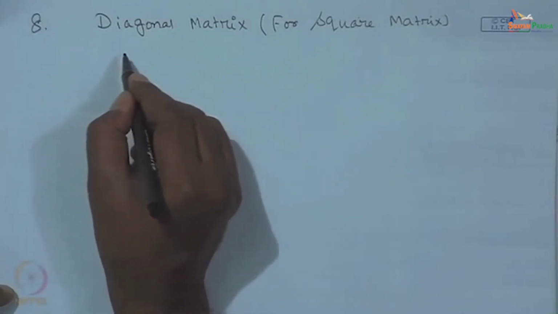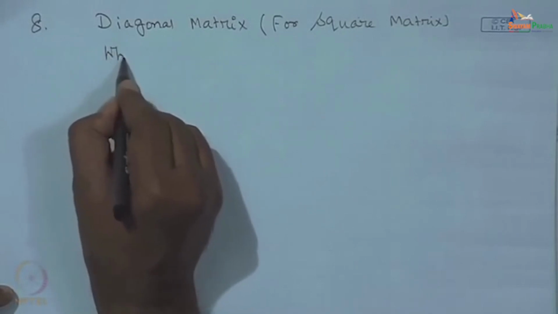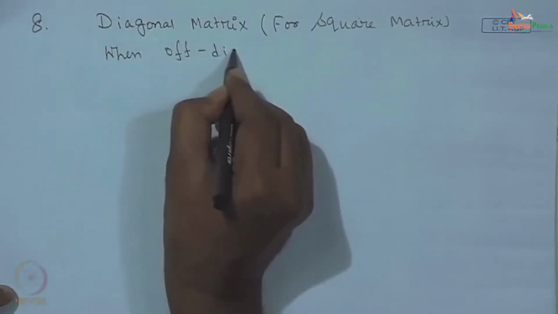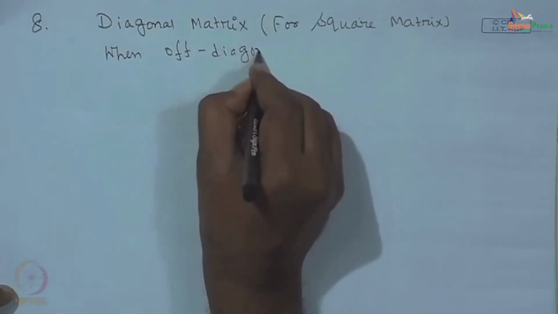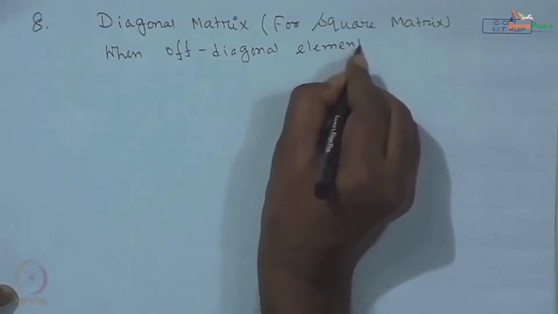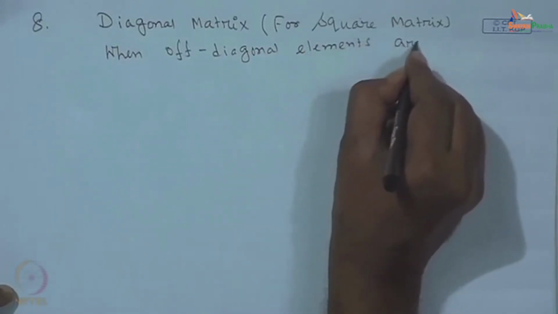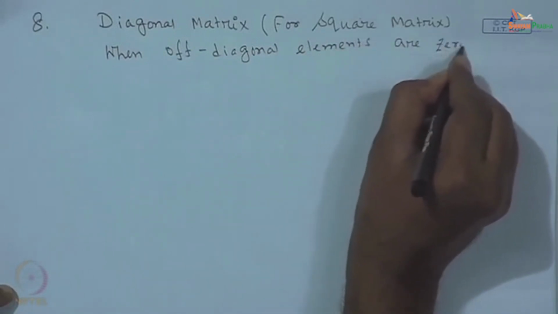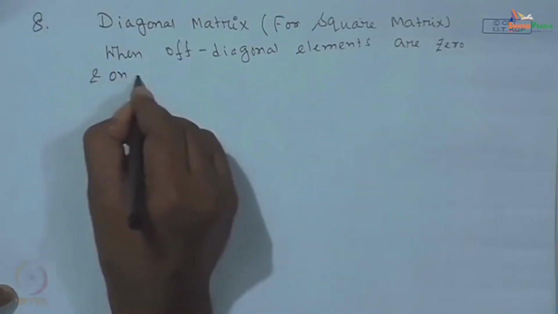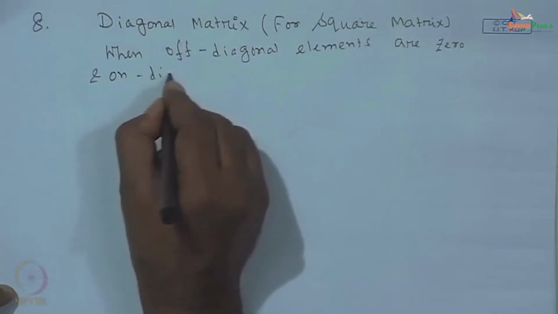What is a diagonal matrix? When off diagonal elements are zeros and on diagonal elements are non-zero.